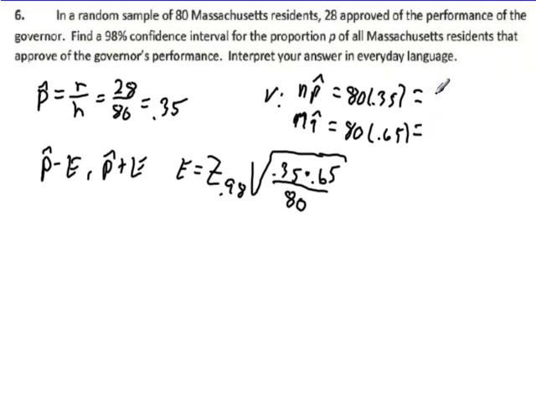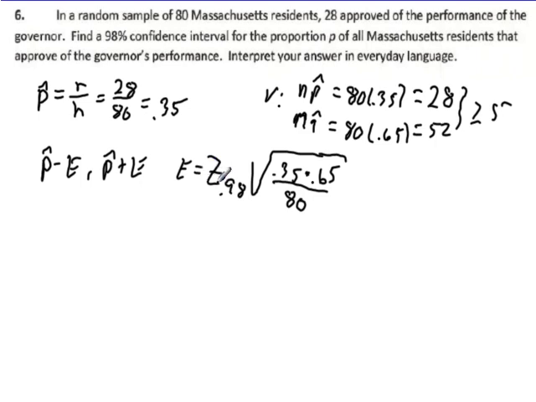And when I do this, I get NP hat is 28, and NQ hat is 52. Both are greater than or equal to 5. And so we can use our formula for confidence interval.